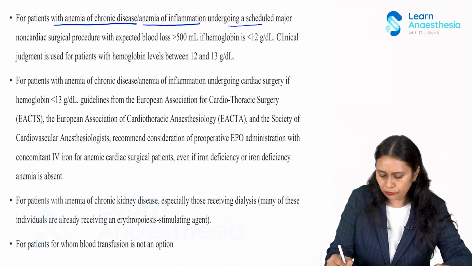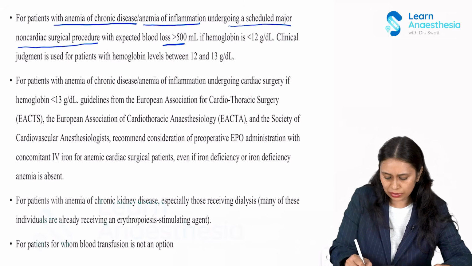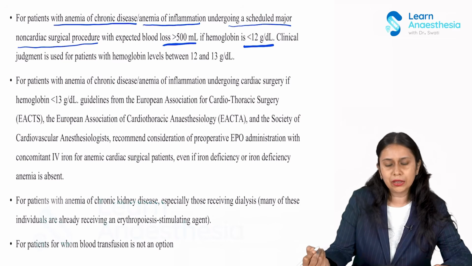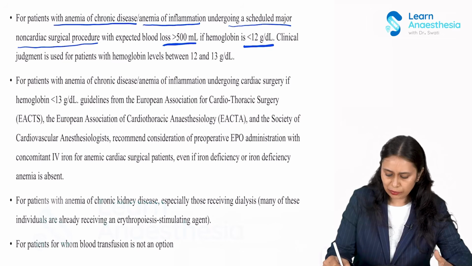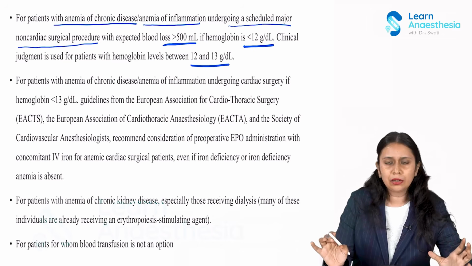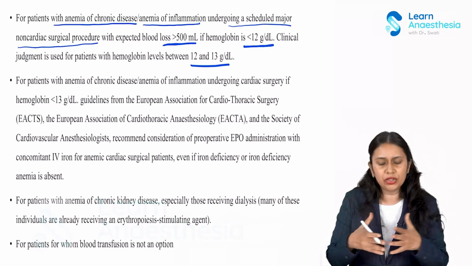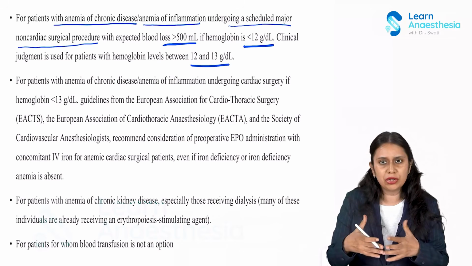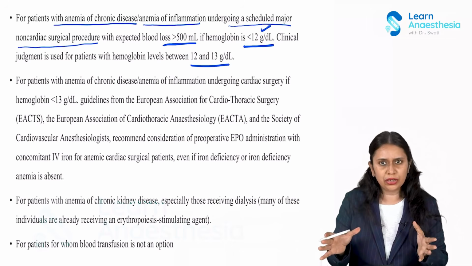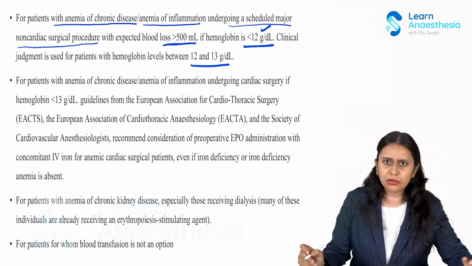If they are scheduled for some major non-cardiac surgical procedure with expected blood loss of more than 500 ml and HB is less than 12 gram per deciliter, then erythropoietin for sure we should give, and between 12 to 13 gram per deciliter it's our clinical judgment whether we should go for erythropoietin or not.